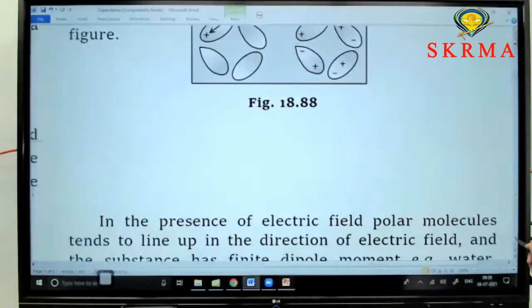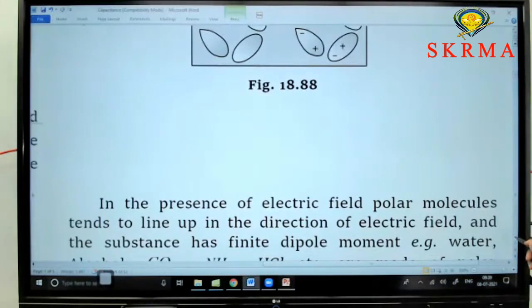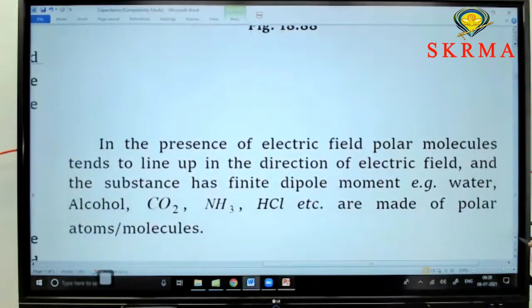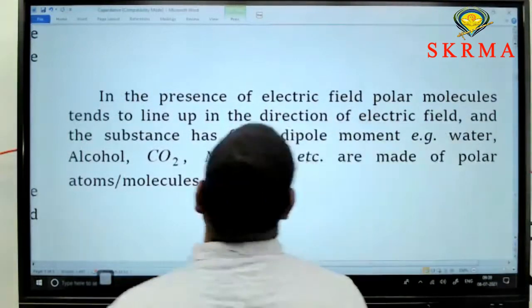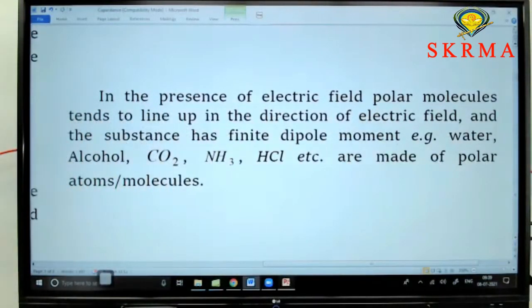Polar dielectric examples: alcohol, NH3, HCl are polar molecules, polar dipoles.